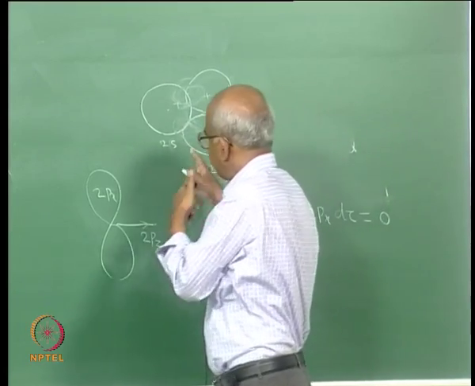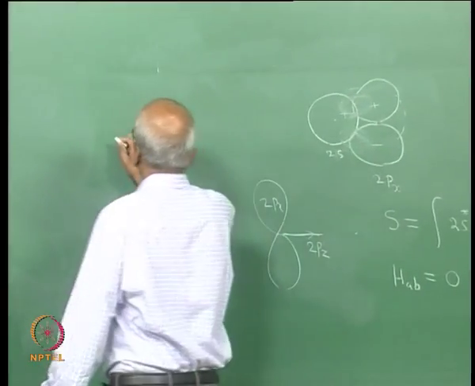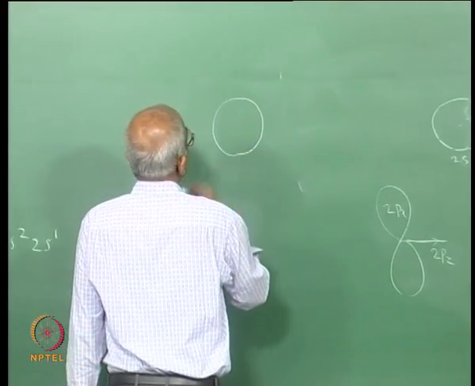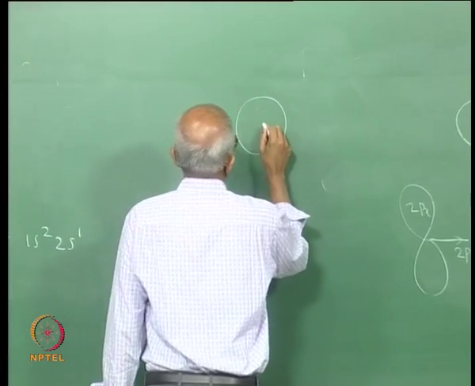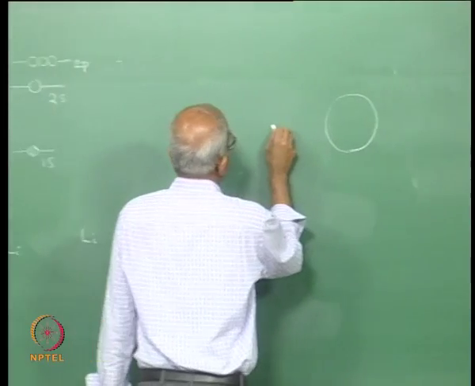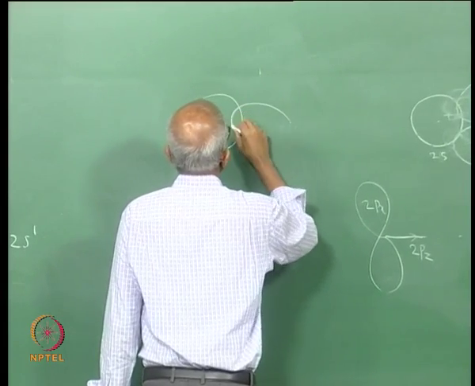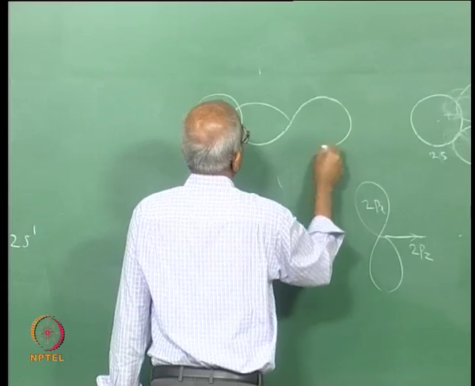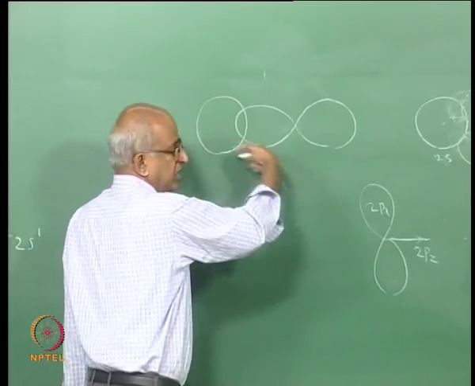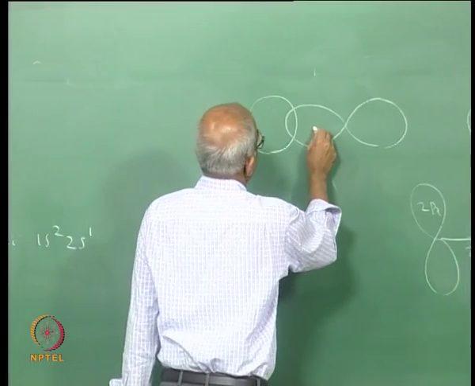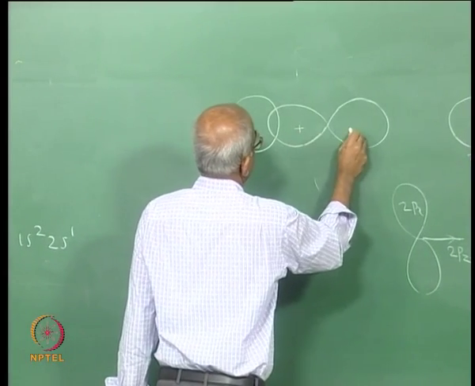But then if you think of 2pz, let me say I have the 2s on one atom and 2pz on the second atom, maybe 2pz will be something like this. See, 2pz is actually pointing towards the 2s. Let me say that I will take this lobe to be positive and that lobe to be negative.